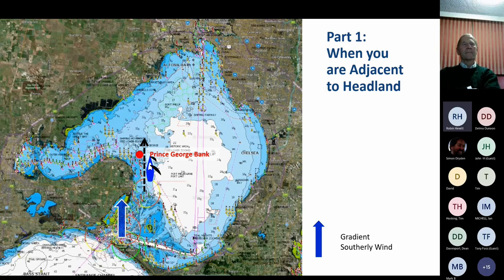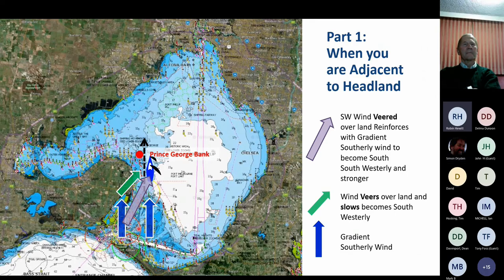When you're adjacent to the headland here, we get the wind veering off the headland, and then it combines with the sea breeze. You get a convergence here, and the wind veers.